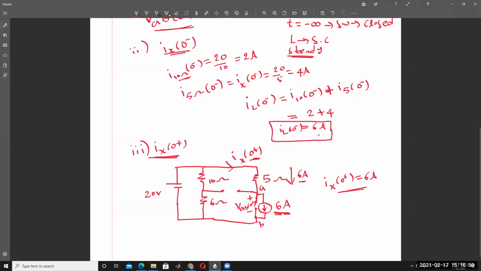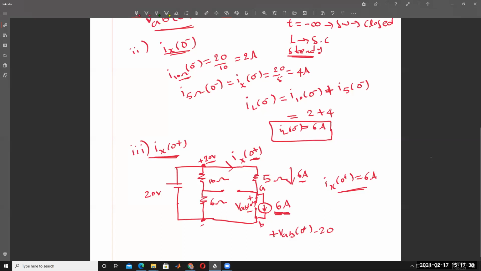Then VAB of 0 plus is equal to how much? What is the voltage here? The 10 ohm resistor and 6 ohm resistor are in parallel with the 20 volt source, so here plus, here minus, 20 volts is available. Going around, we get minus 20.